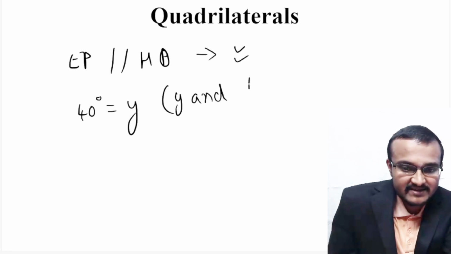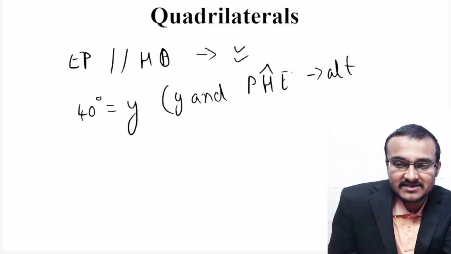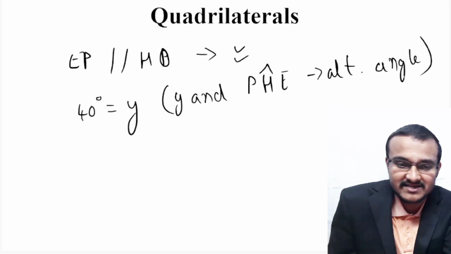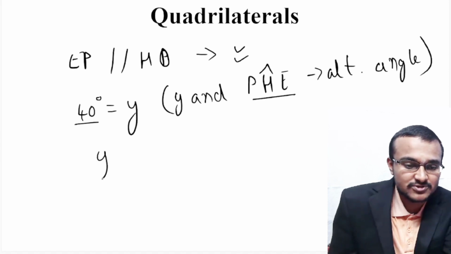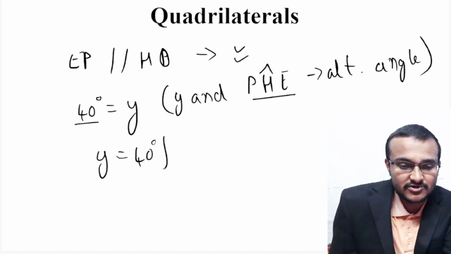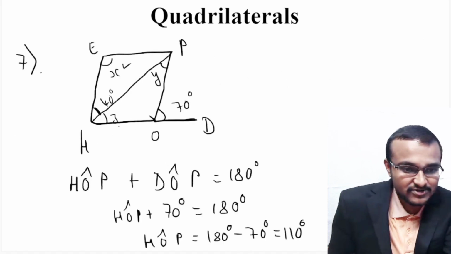So PHE and Y act as alternate angles since EP is parallel to HO. Hence Y will be equal to PHE, and PHE is 40 degrees. So Y is equal to 40 degrees. Now you have got Y.